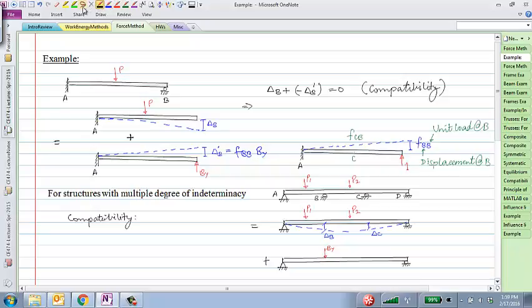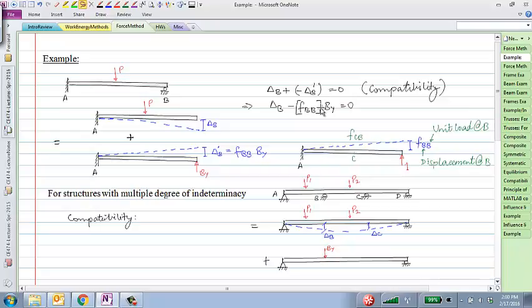And then I can substitute that into the compatibility equation. I get delta B minus FBB, and I'll write that in the matrix form, times By equal to 0. Essentially you'd be solving the system of equations that FBB times By, which is the unknown, is equal to delta B, which is the same system of equations that I was telling you on the previous page.